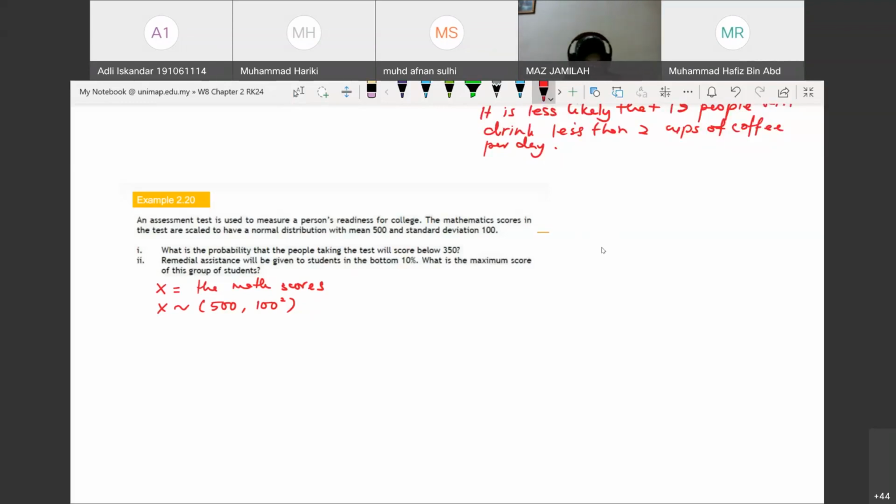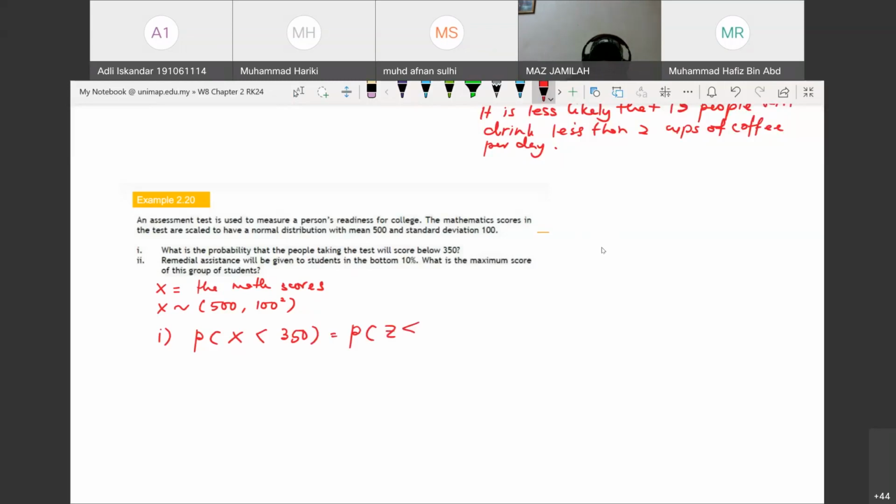Now, let's move to the first question. What is the probability that the people taking the test will score below 350? So P(X below 350), it will be less than 350. In this case, we will transform this into z.